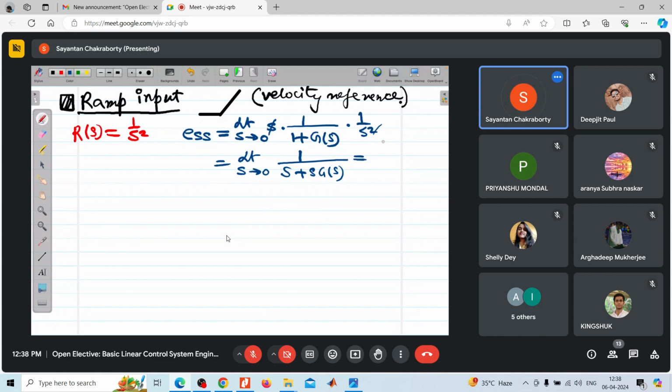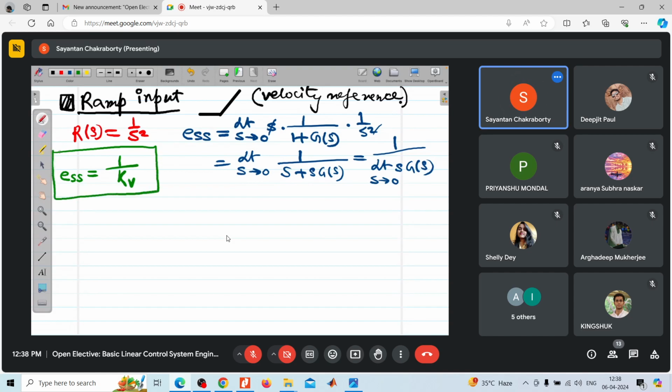So that is 1 by limit s tends to 0, sGs. And that is why you define ESS as 1 by kV. Now what is this kV? kV is defined as sGs.